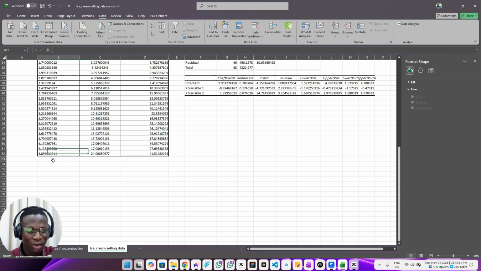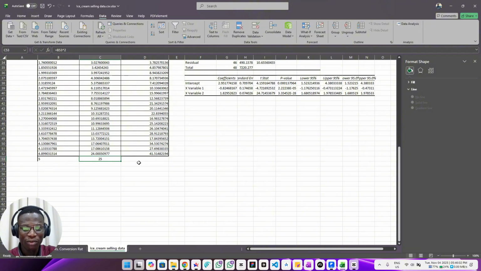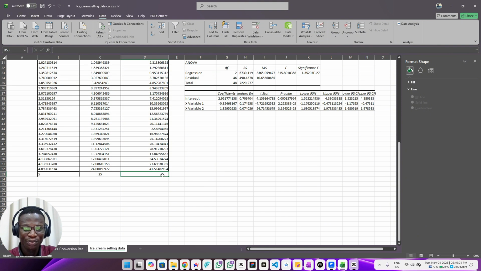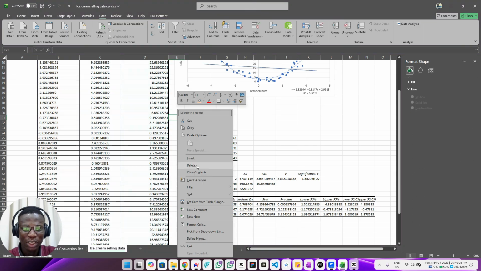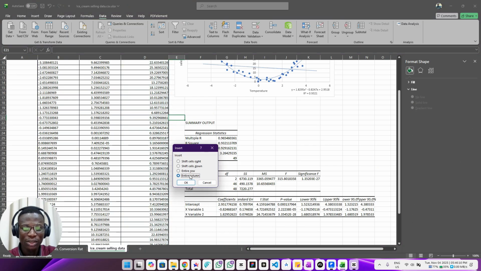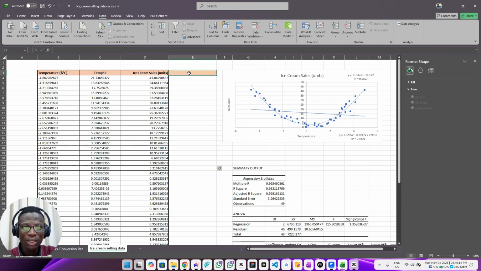Let's see. The weather was 5. How about that? Let's say 5. It's going to be 5, 25. And then this one is what we are going to predict. So let's insert an entire column, and let's call this one poly predict, or predicted.